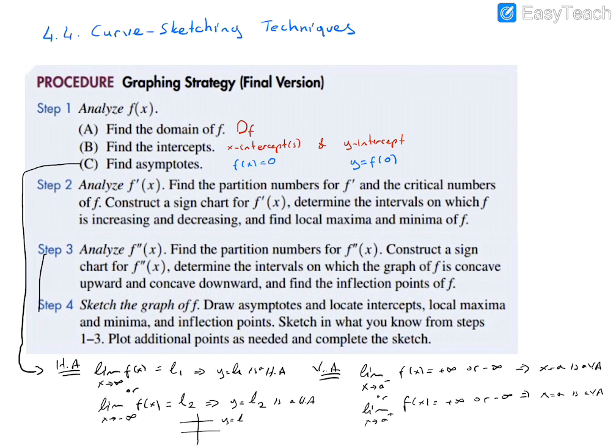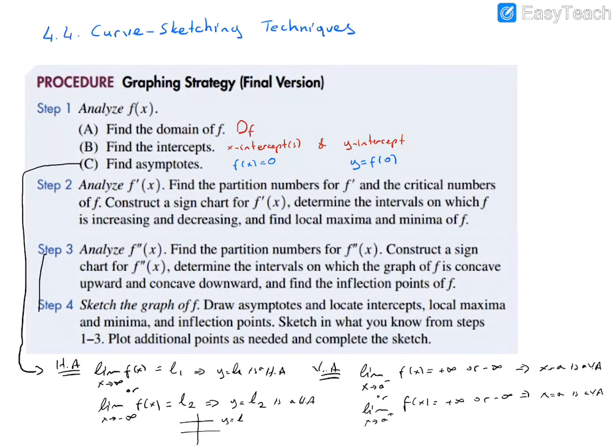By calculating the first and second derivatives and making the sign charts of f prime and f double prime together, I will discuss the intervals where f is increasing, decreasing, concave up, concave down, and I will find the points where f has a local maximum, local minimum, and inflection point, etc. By using all this information, you can sketch the graph of f, because in each interval you know the behavior of the function, and you know the intercepts and the asymptotes.